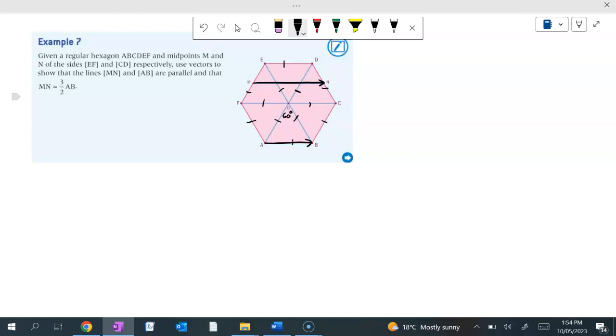And so because this top angle is 60 and it's an isosceles triangle, these bottom two angles also need to be 60. And how do I know that these two sides from the center out to the edge are equal? Well, it said it's a regular hexagon. So that means that all the sides are the same and the angles inside are the same as well.